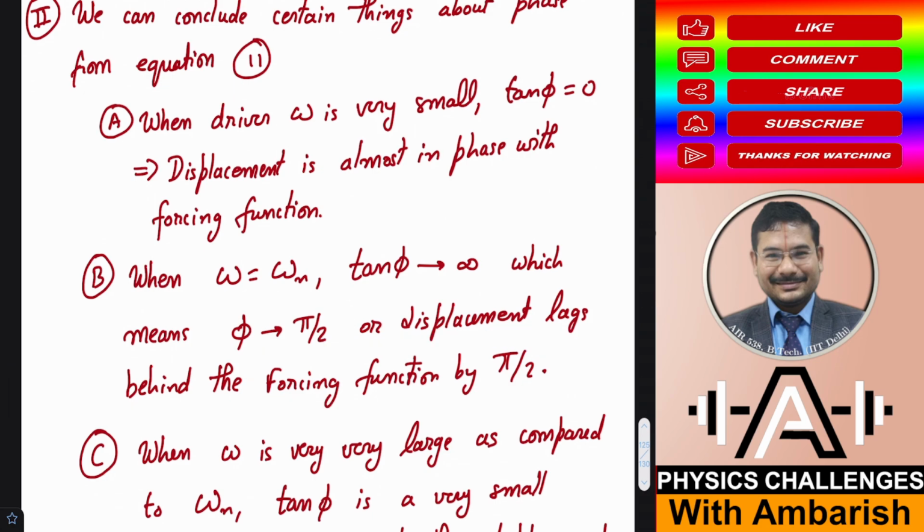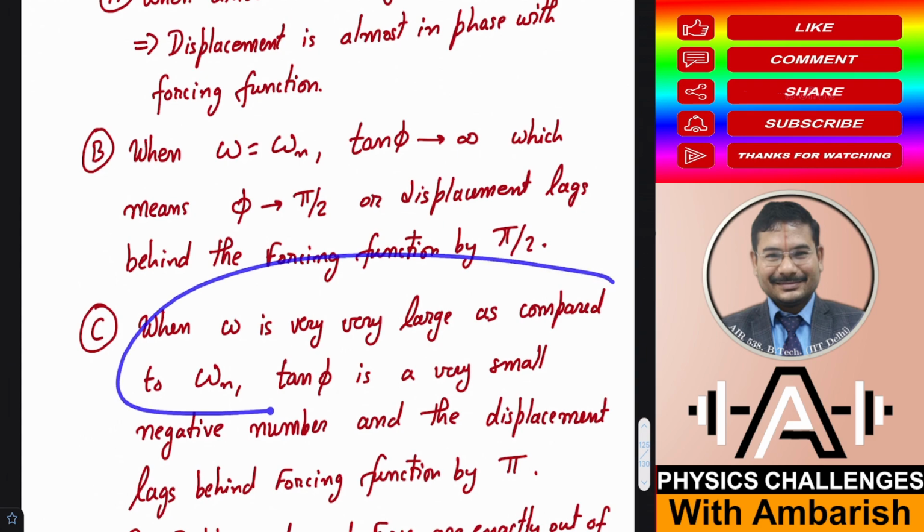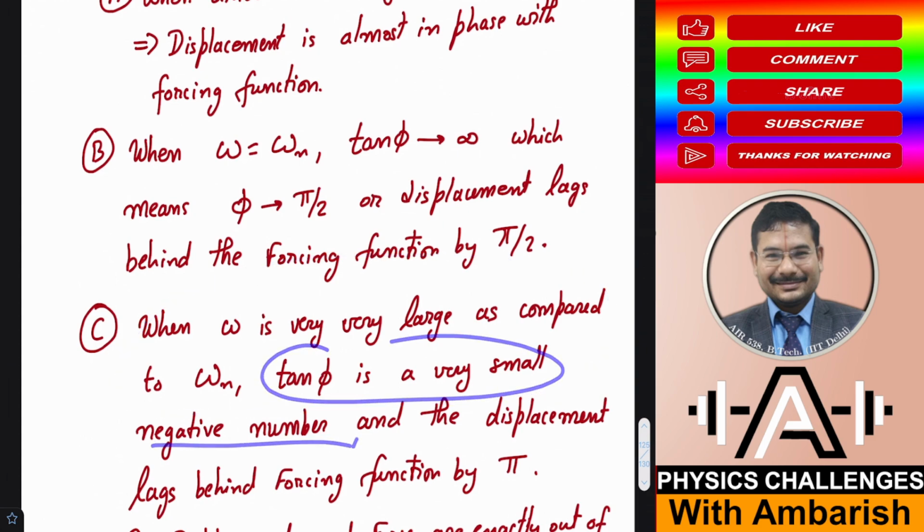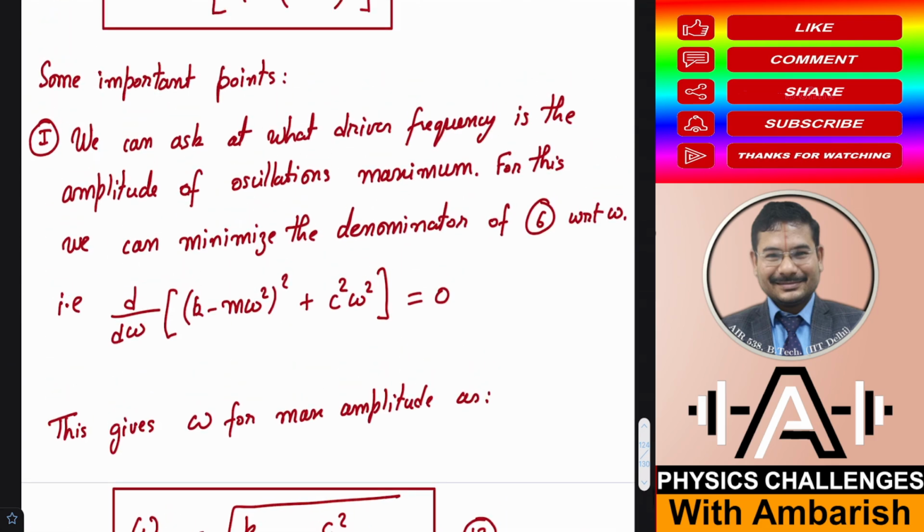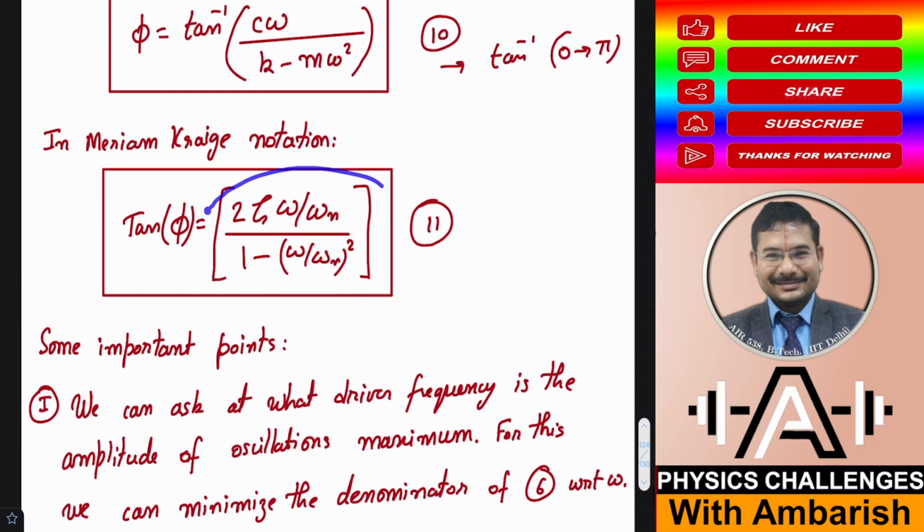Okay. Then the third case is when omega is very large compared to the natural frequency, then tan phi is a very small negative number. Okay. So again, in equation 11, if omega is very large, then this is 1 minus a very large number in the denominator, and therefore this becomes a very small negative number.